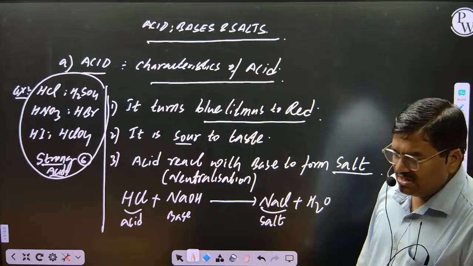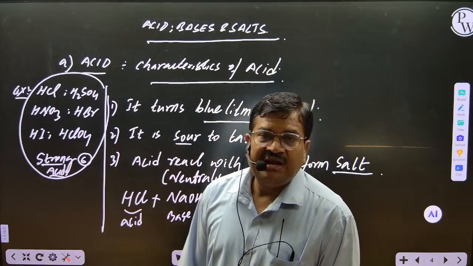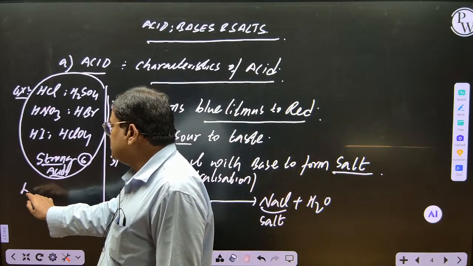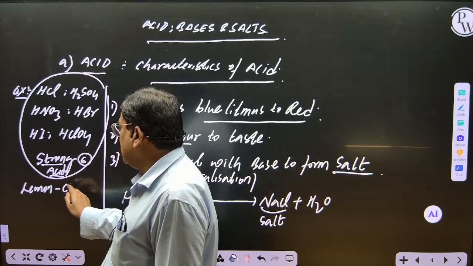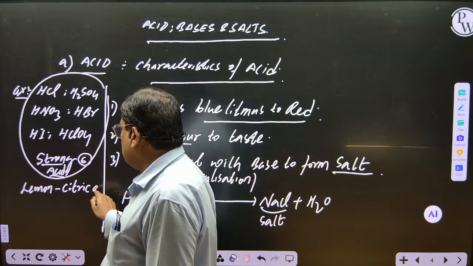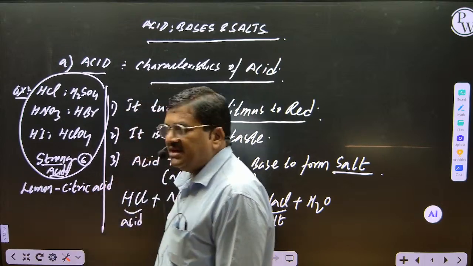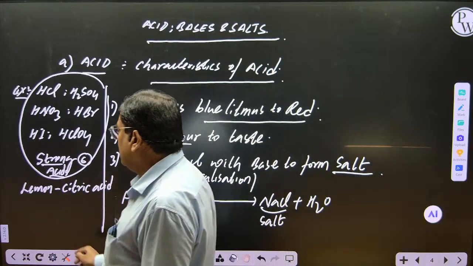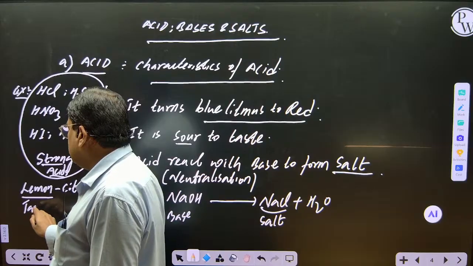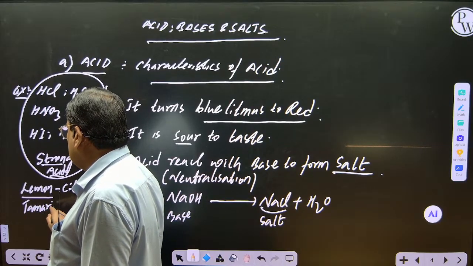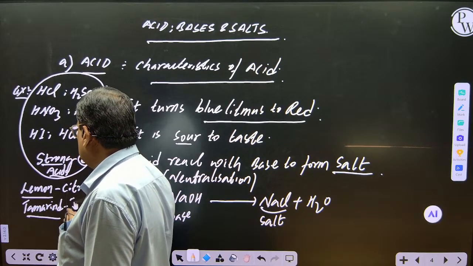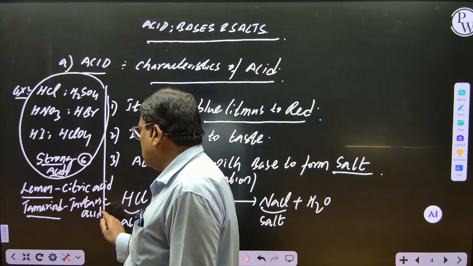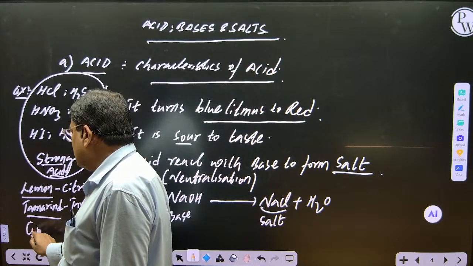And in our daily life we see lemon fruit will have what? Citric acid. And tamarind contains tartaric acid. Later you study in organic chemistry. Tamarind will have tartaric acid, and our gastric juice contains hydrochloric acid.